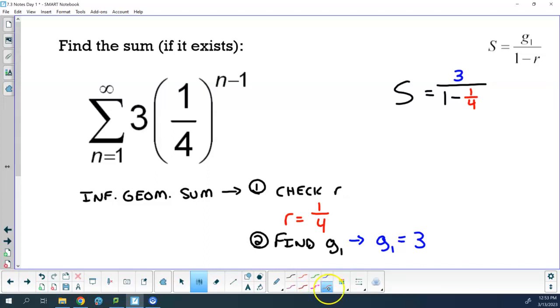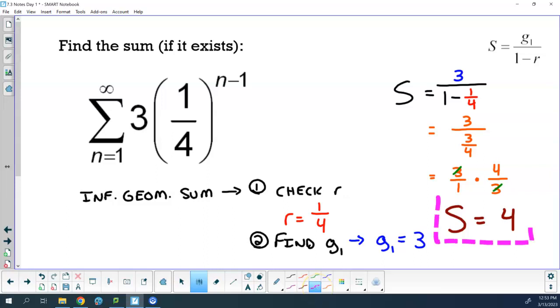Well, 3 is 3. 1 minus 1/4 is 3/4. Keep, change, flip tells me that that's going to be 3 over 1. That's my top, I keep it. I change from division to multiplication, and I flip my bottom to 4/3. 3 cancels out the 3, leaving me with the sum of 4.